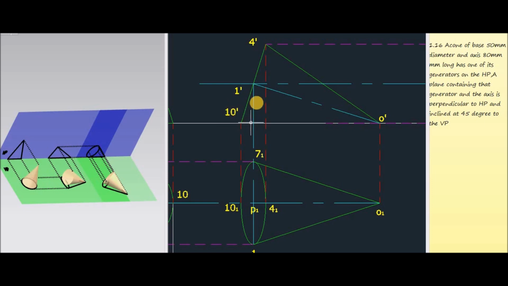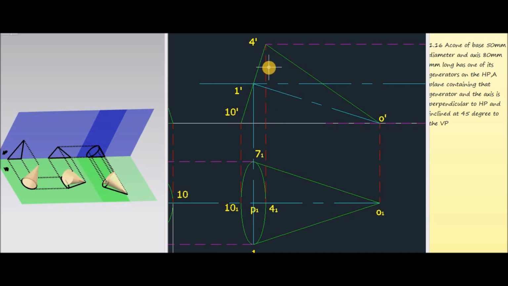In that manner we will get the points 10 dash, 1 dash, 4 dash, O dash. So these dimensions, that means 4 dash O dash, 10 dash O dash, 1 dash O dash, etc., are all obtained from the front view of the first position. Then mark all these corners, then join all these points, which will give another triangle. This is the front view corresponding to the second stage.